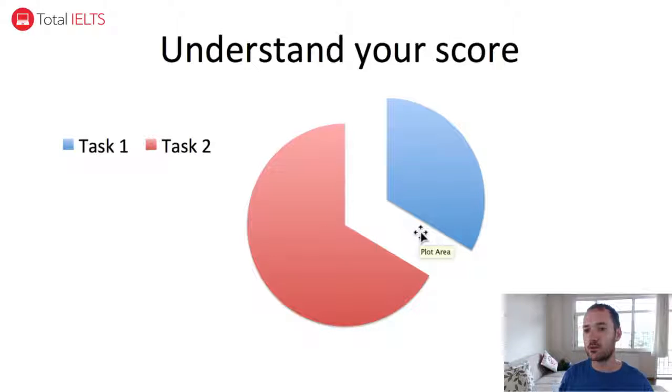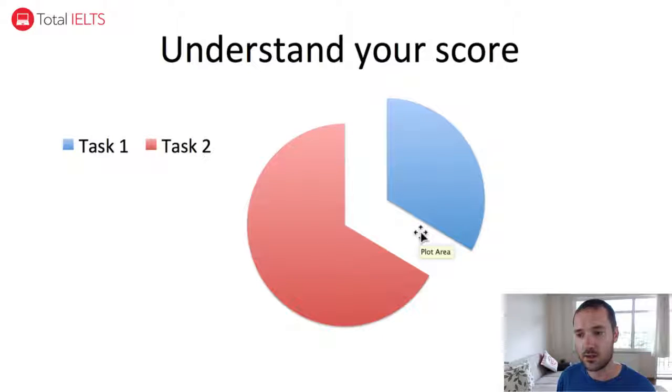So this is how the marks are distributed. You'll see that task 2 is actually worth twice as much as task 1. And I don't think a lot of students actually realize this, because I see a lot of candidates going into the IELTS exam and getting stuck on task 1, and therefore they eat into their task 2 time.